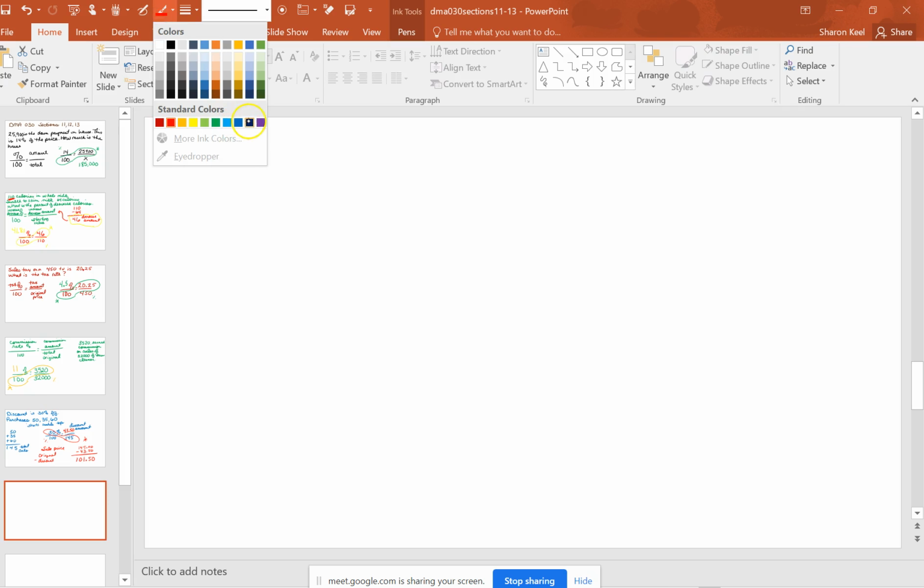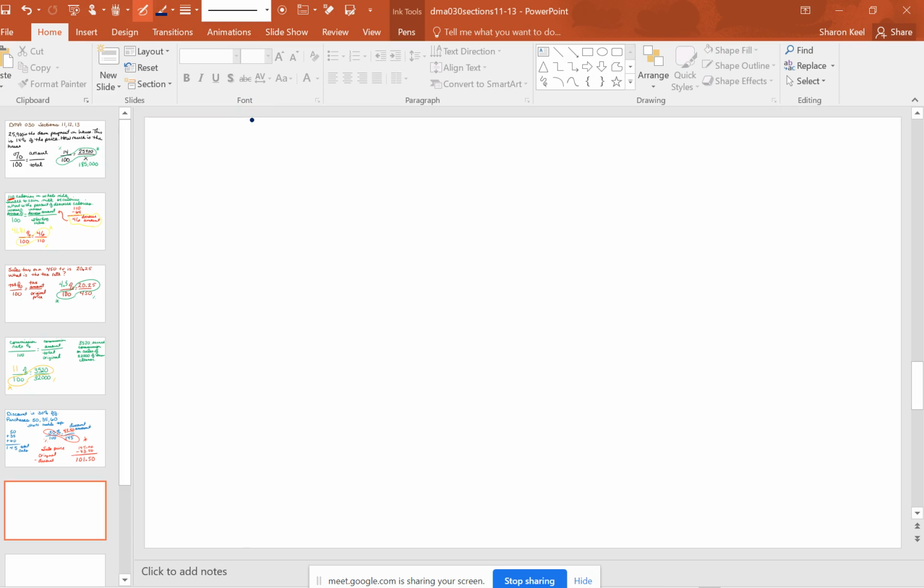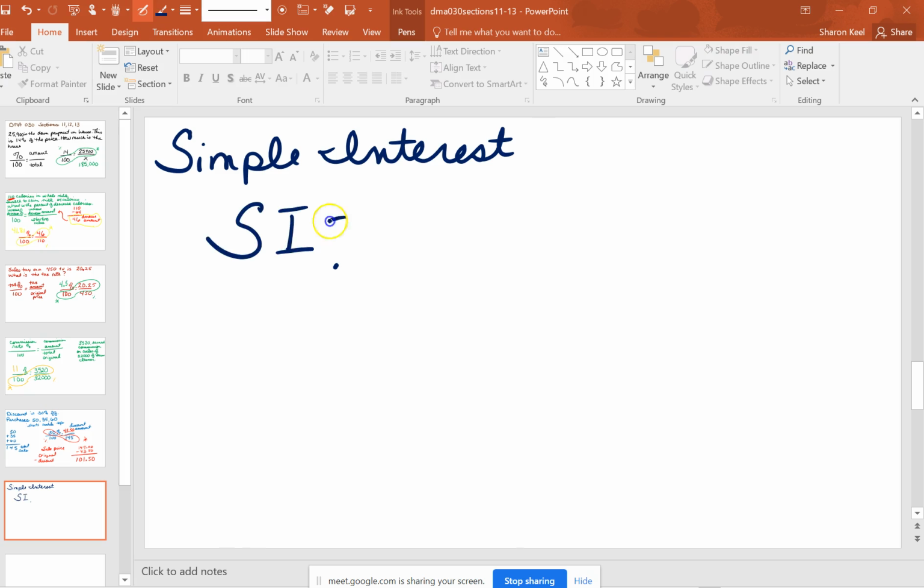The last thing that we have in section 13, we talk about 2 different types of interest. We have something called simple interest and we have compound interest. For simple interest, I'm just going to put SI for simple interest.